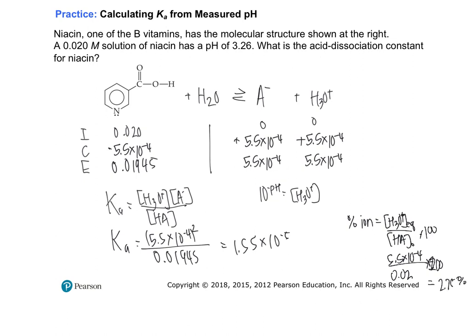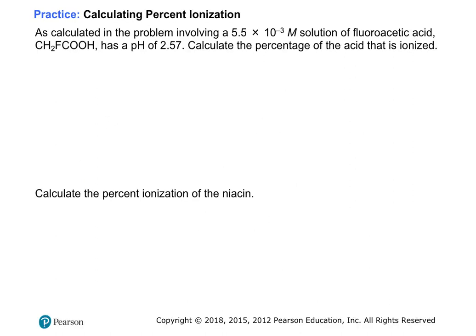So could we make the approximation? Yes, we could have, and we could have kept the denominator as 0.02. On these slides, we actually already did the percent ionization for fluoroacetic acid and niacin. So you can go back and look at those values. It was like 49% for this one and 2.75% for this one.